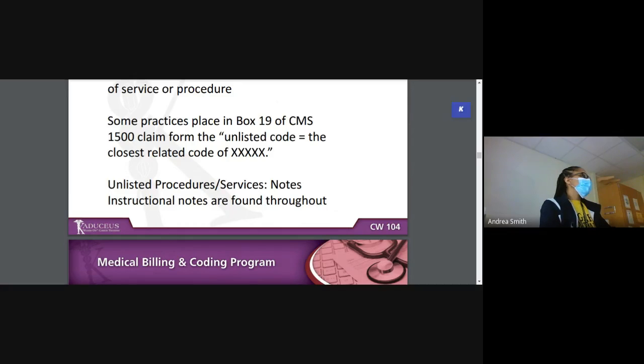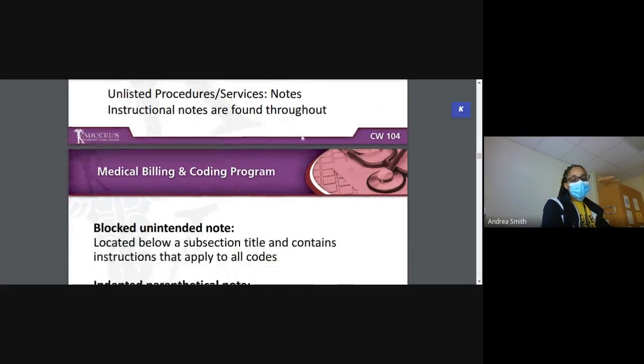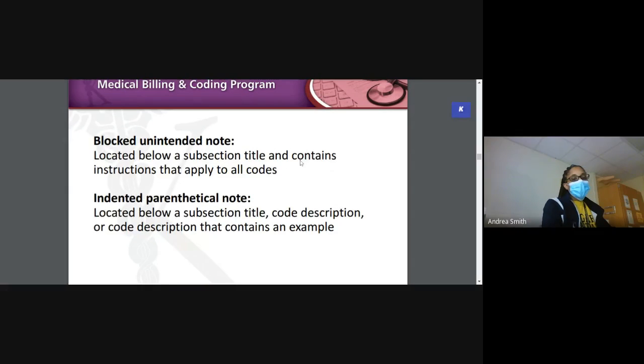So unlisted procedure services, instructional notes are found throughout. Block unindented note, unindented note, and indented parenthetical note. So let me find an example.